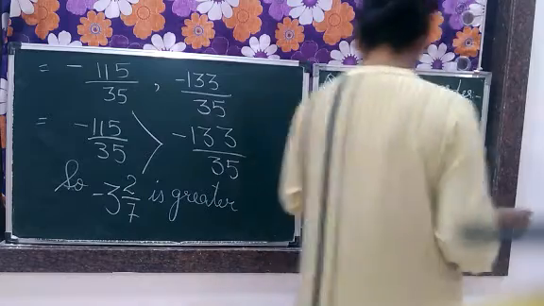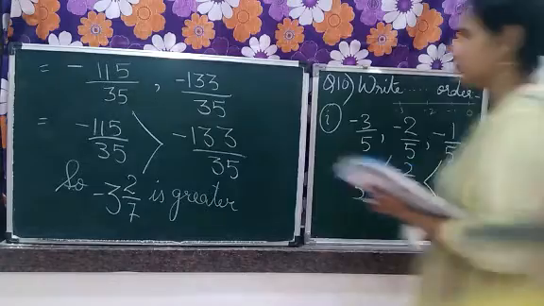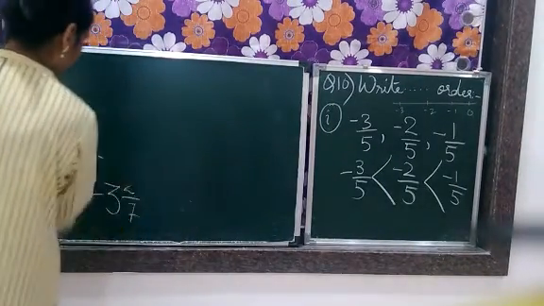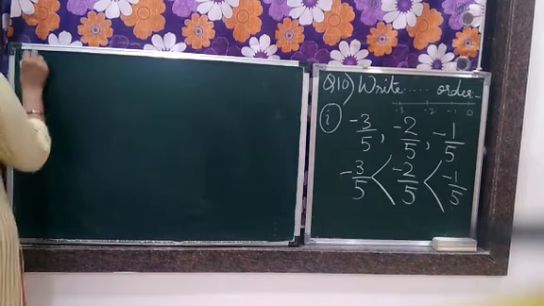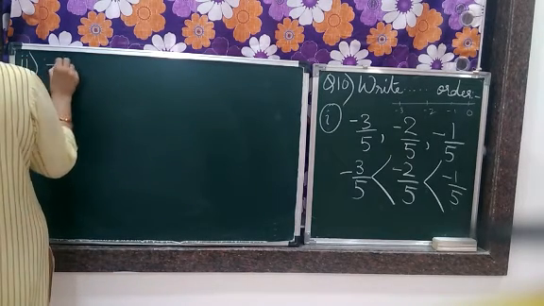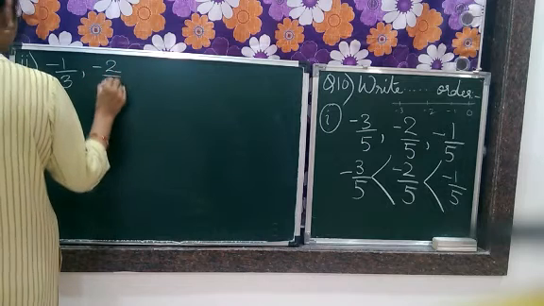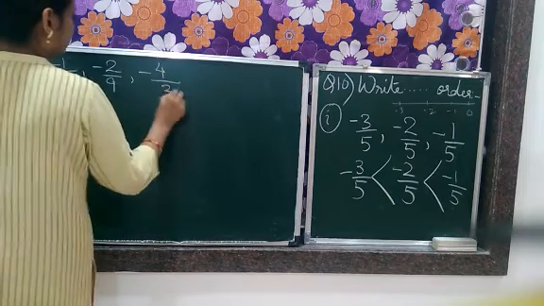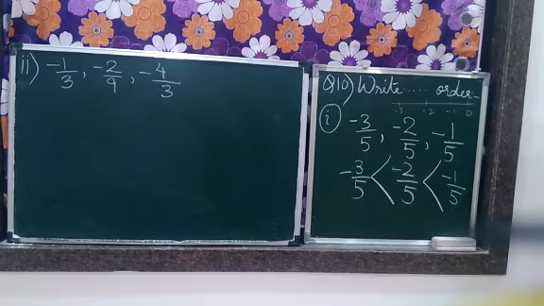So this is ascending order. Now we are going to start the second one, children. Now you can see here the denominators are not same.